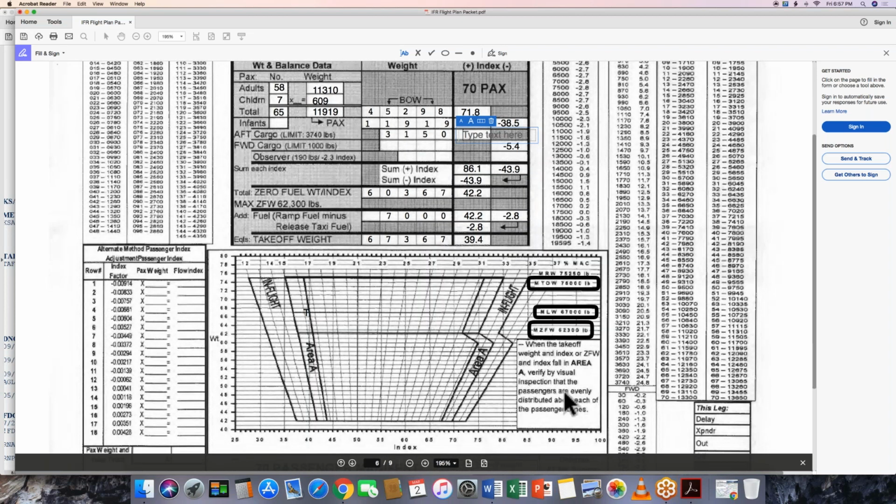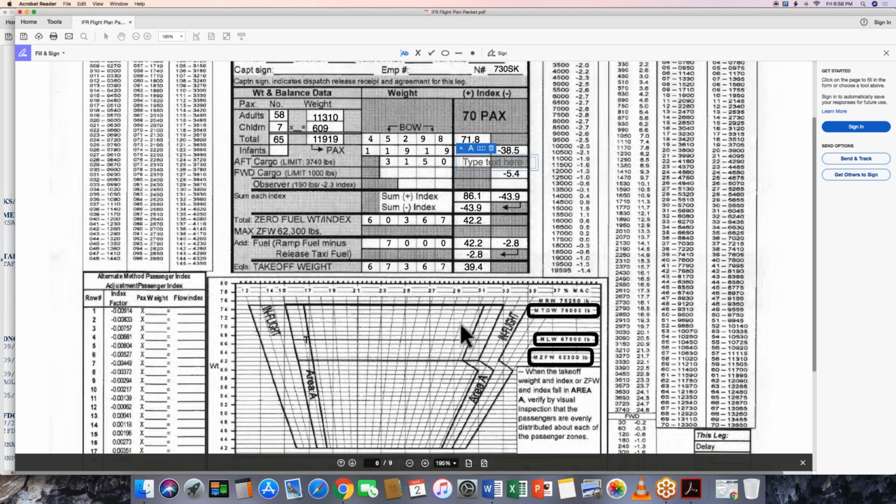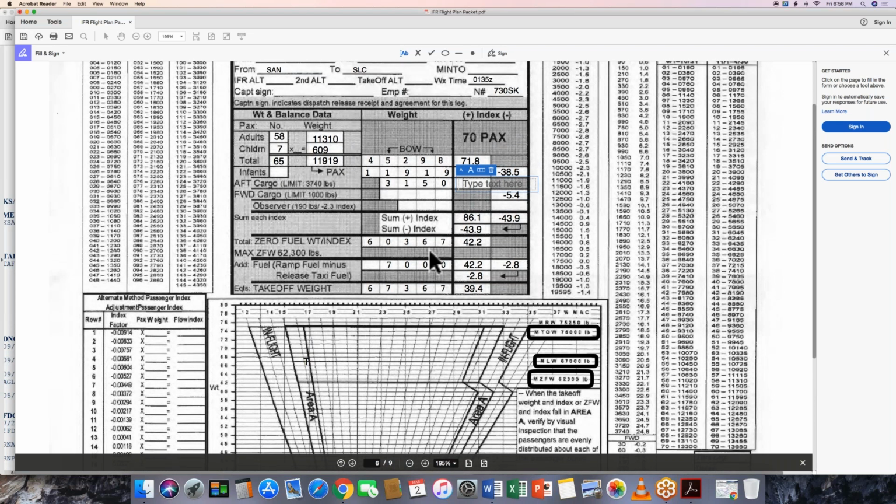It doesn't say that you can't. It just says that we verify that passengers are evenly distributed throughout the cabin. It doesn't mean that you can't do it, you just want to verify. And if it's possible, passengers are really easy to move for the most part, unless they're jerks.